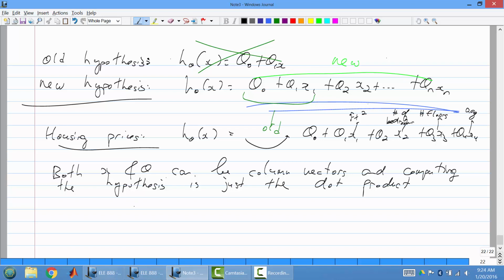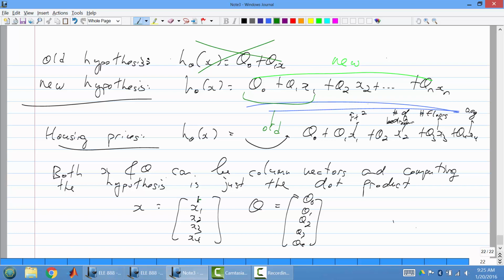For example, if x was this, you can think of this as 1, and theta is this, and you just compute the dot product. That's why I had to push the linear algebra stuff, because you need to know this later on in the course.